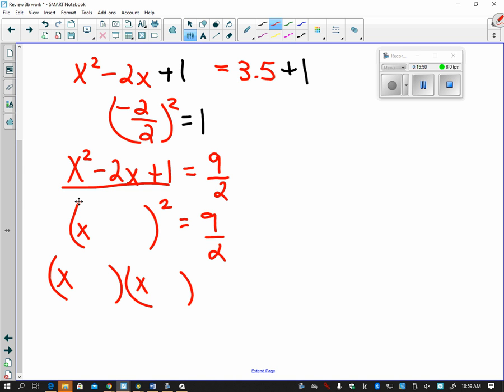Does that make sense? So minus 1 and 1. Well, I'm multiplying two numbers to get 1. What's the only way to multiply two numbers and get 1? For it to be 1 and 1, but it's positive and this is negative, so it has to be negative, negative. So what I'm getting in here is x minus 1 squared.